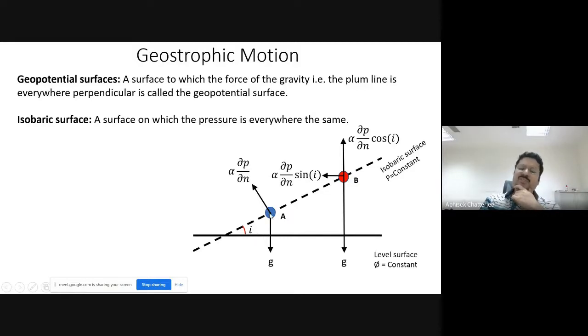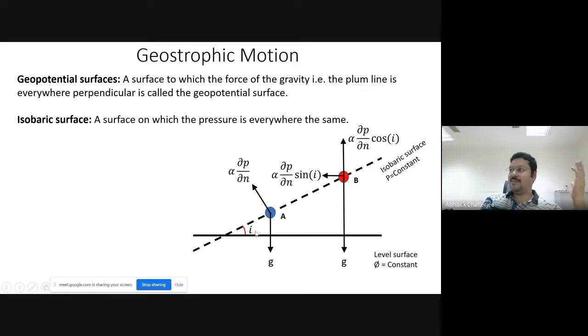Now, if I draw a line which is perpendicular to this level surface and perpendicular to the isobaric surface, then the angle between those two lines also will be the same as I. You know, right?